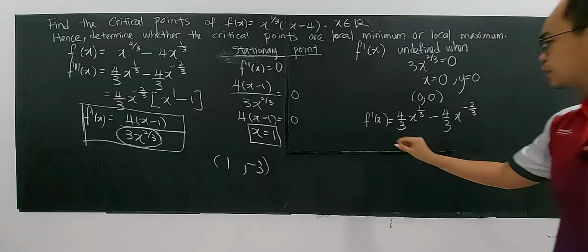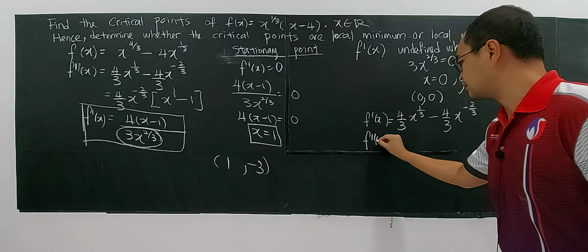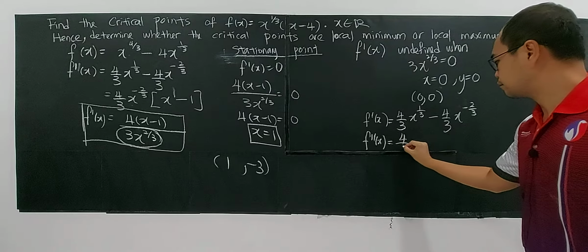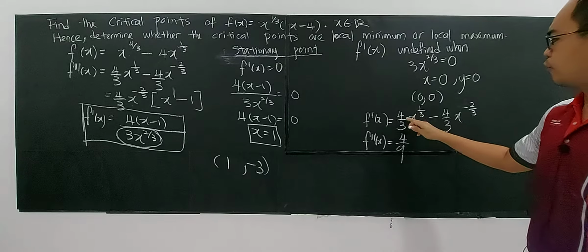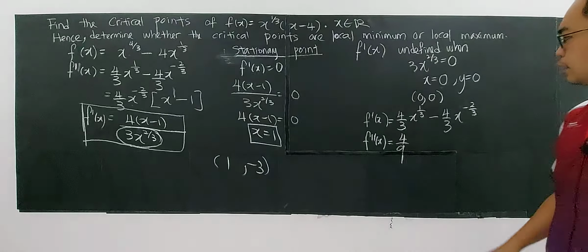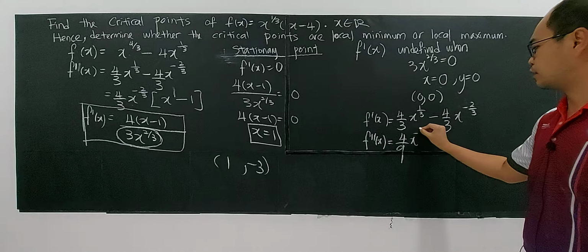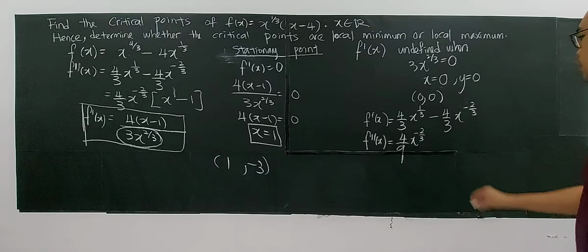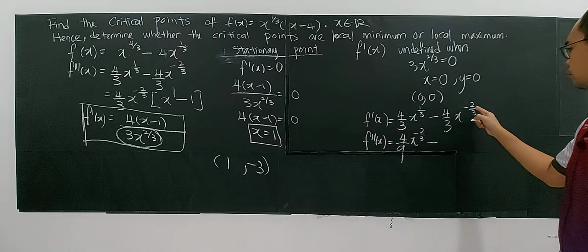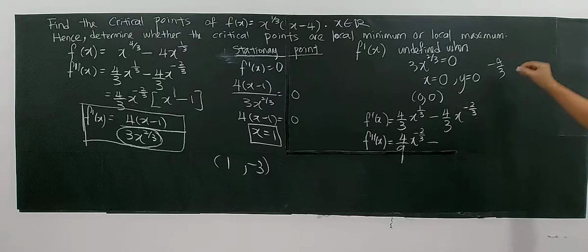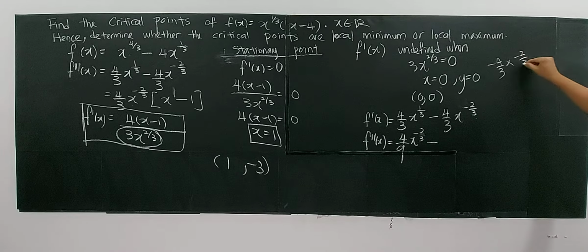If I differentiate this one more time for the second derivative test, I get 4 over 9, x to the power of negative 2 over 3, minus negative 4 over 3. This one you bring down and multiply with negative 2 over 3.